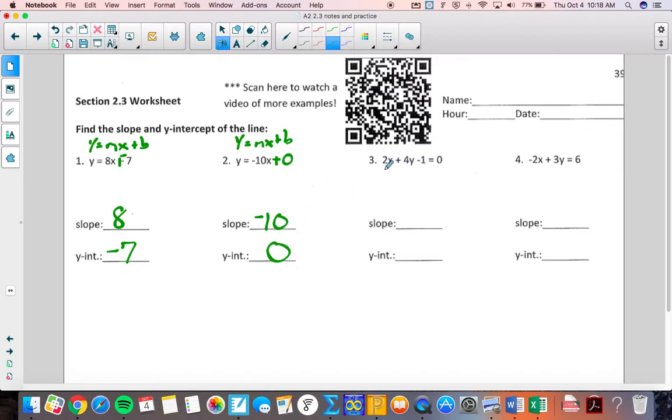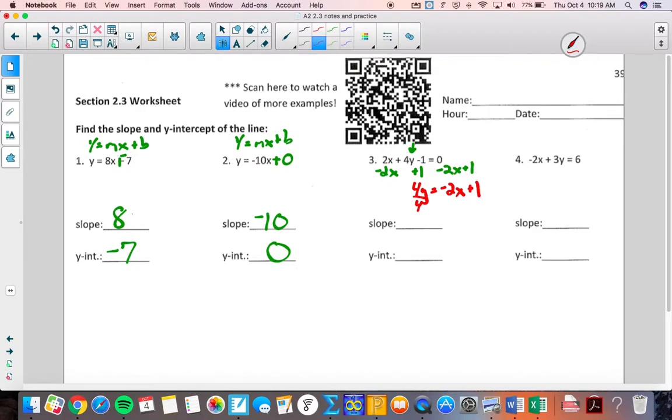Now number 3 is not in slope-intercept form. I need to have y by itself. So I'm going to subtract 2x from each side. And I'm also going to add 1. So I now get 4y equals -2x plus 1.